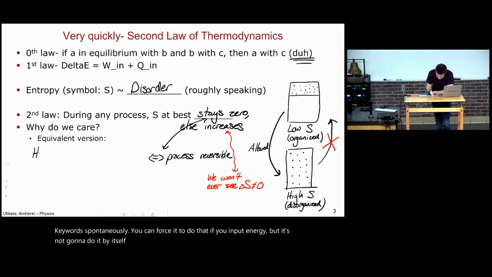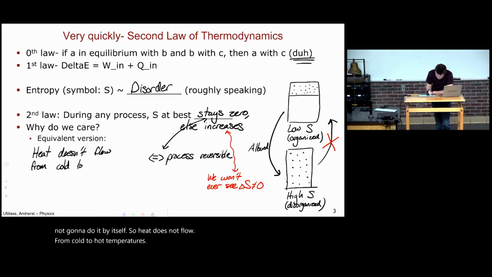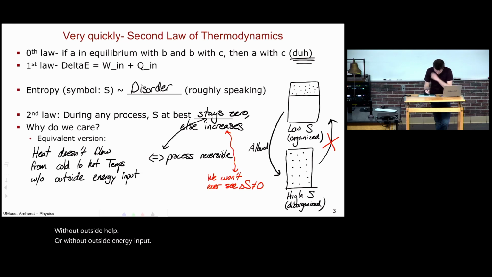So heat does not flow from cold to hot temperatures without outside help or without outside energy input. Again, this is an equivalent way of saying the second law.